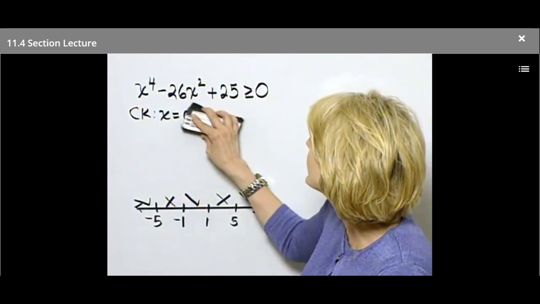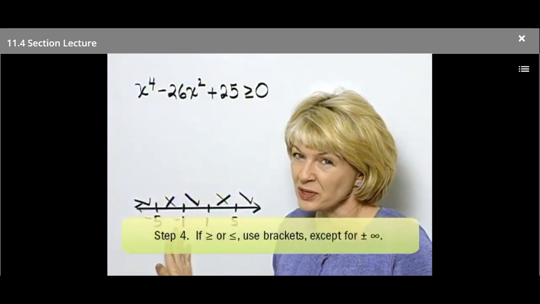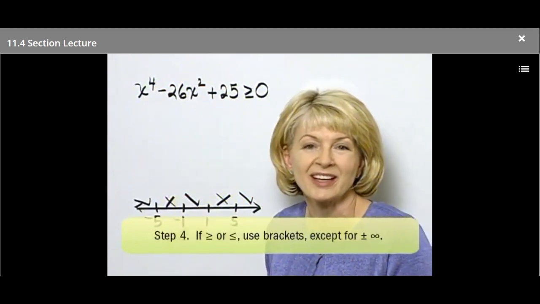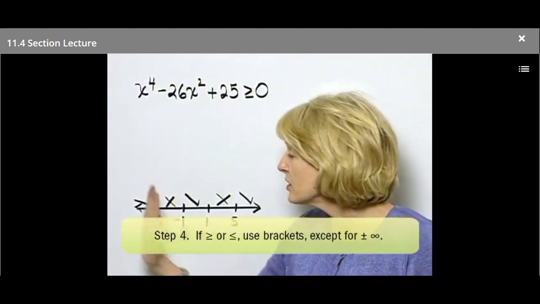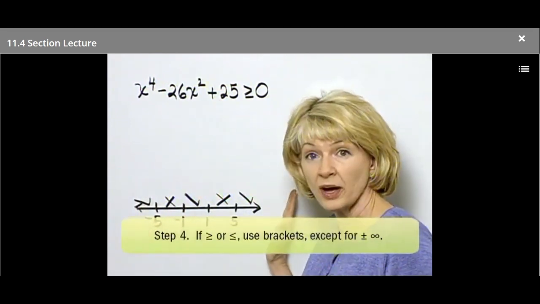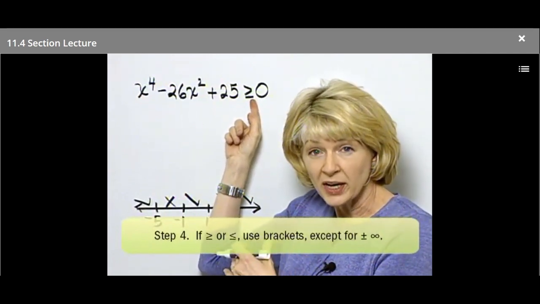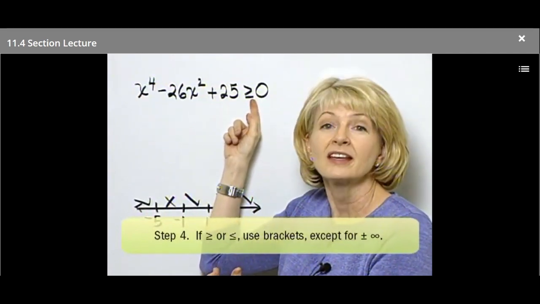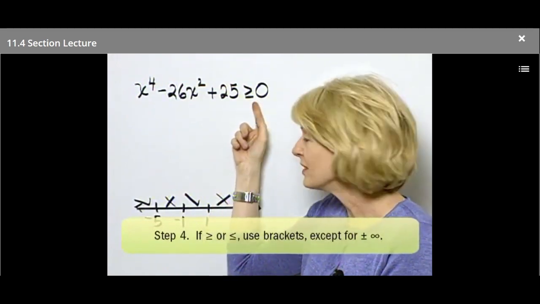Now, let's write down our solutions. And as a matter of fact, make sure you check another region here, but we're okay since we're working it together. Now let's write down our solution from left to right. Everything except the infinities, every endpoint of my intervals gets a bracket because of this inequality symbol.